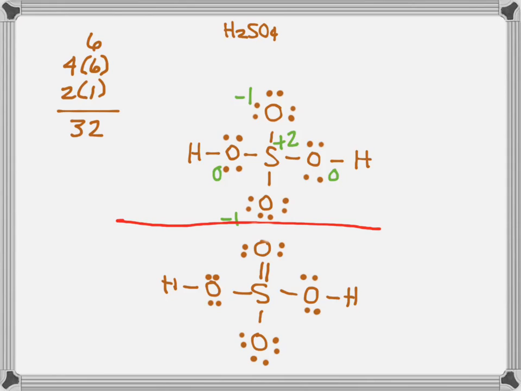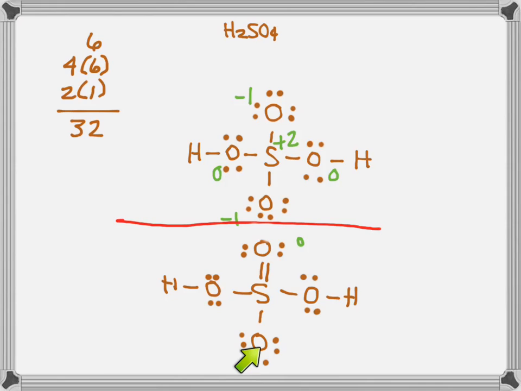But we're talking about expanded octets here, and sulfur can do that. What is the formal charge on this oxygen now? It's 0, right? And what is the formal charge on the sulfur currently? +1. So that worked, didn't it?